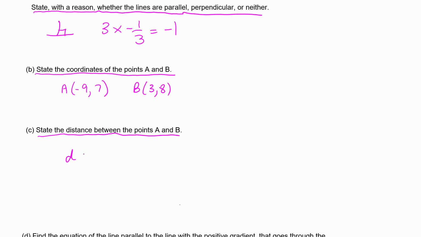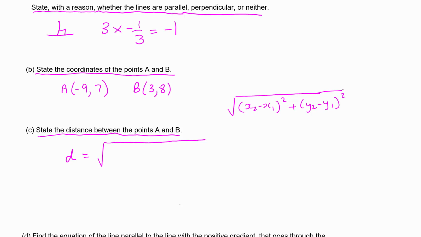So that distance would be, now remember the distance formula. We've got the square root of x2 minus x1 squared plus y2 minus y1 squared. So here that's going to give us 3 take away -9 squared plus 8 take away 7 squared.